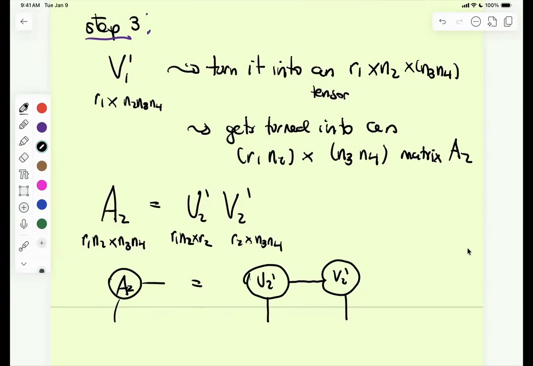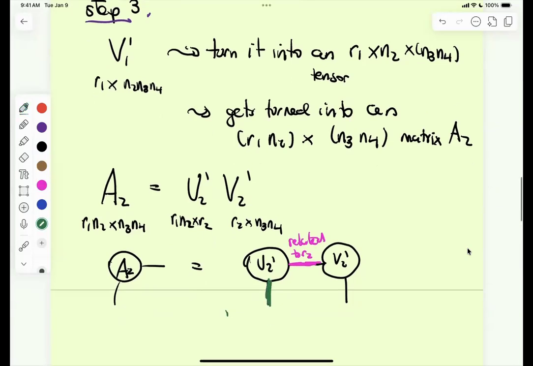So to keep track, this one is related to R2, and this one is a multi-index related to R1 and 2, and this one is related to N3 and 4.